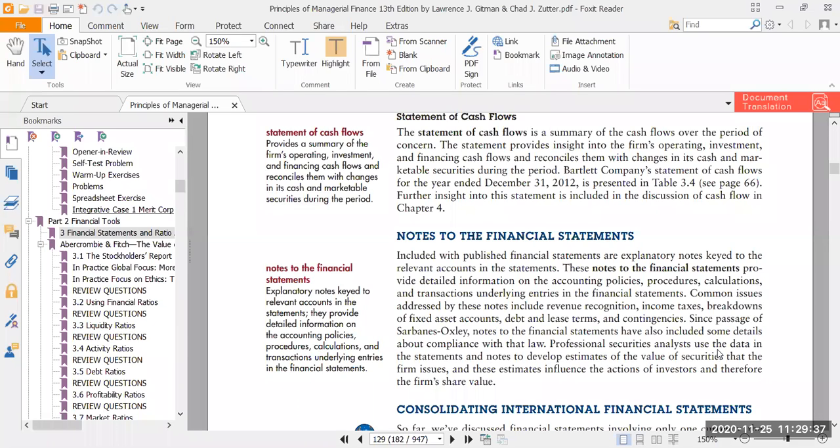Notes to the accounts are given at the end of the financial statements. They contain the elaborations, definitions, calculations, and the policies we are adopting.